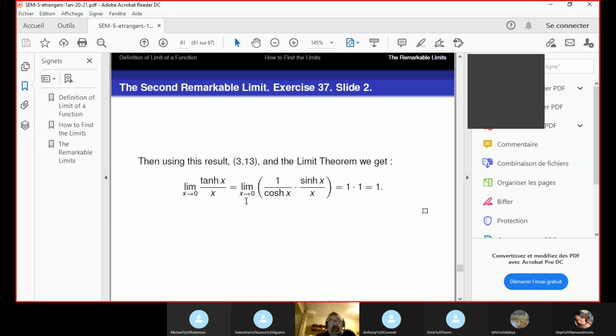So we have that our desired limit, tanh x over x, will be 1 over hyperbolic cosine multiplied by hyperbolic sine of x over x. From the previous exercise, the second limit is 1, so our limit, hyperbolic tan of x over x, will be 1.